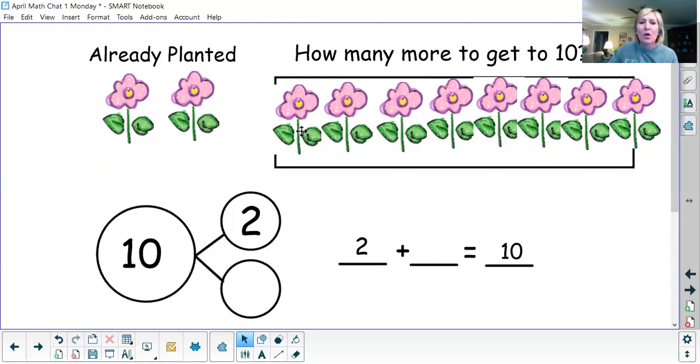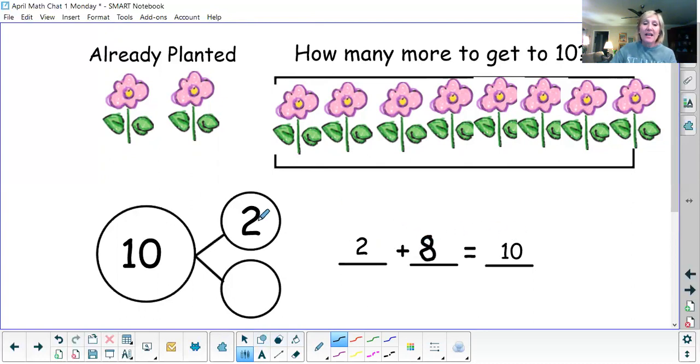I had to add 1, 2, 3, 4, 5, 6, 7, 8 more flowers to get to 10, because 2 plus 8 more, 2 and 8 are the 2 parts that I can put together to make 10.